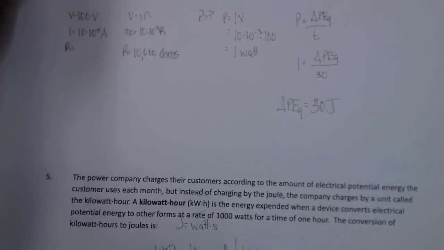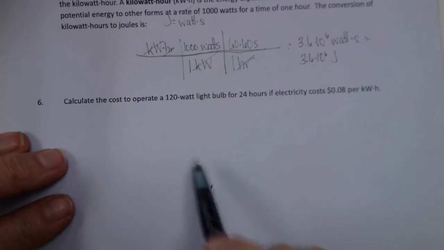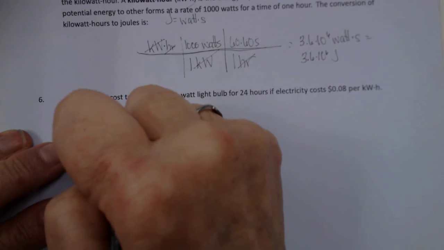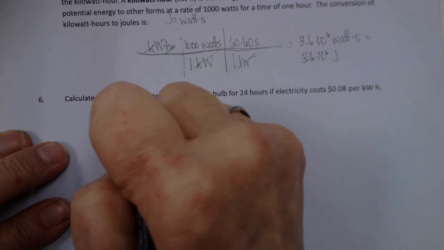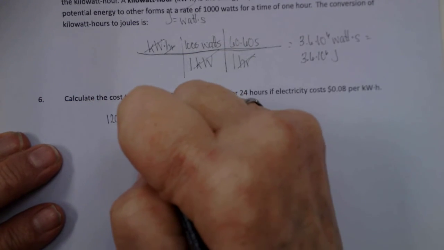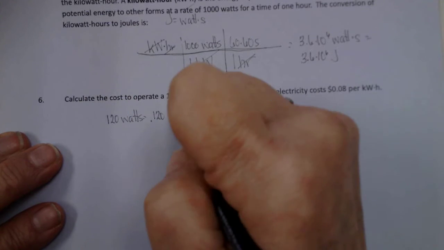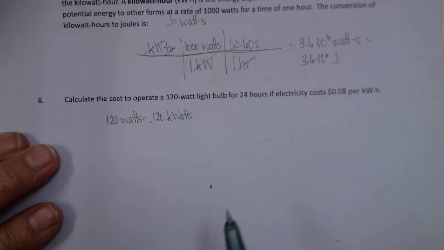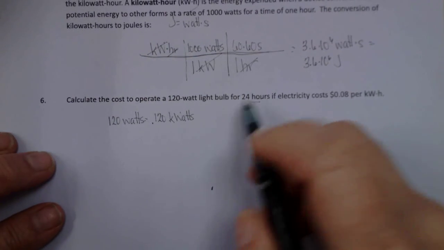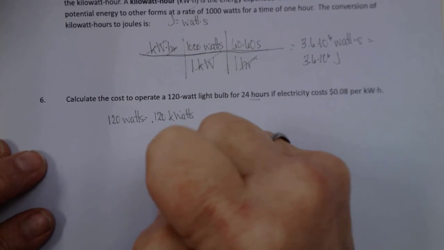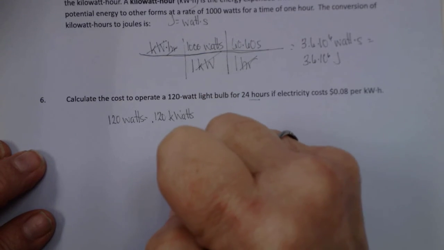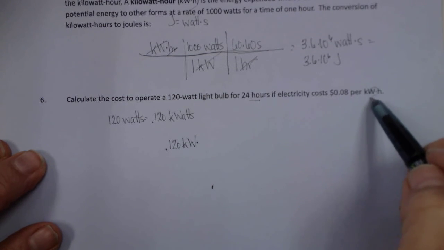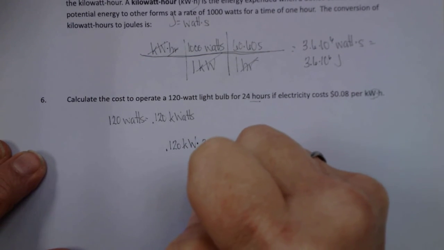So let me take care of that quickly. 120 watts is equal to 0.12 kilowatts. And I already have it in 24 hours. So in kilowatt hours, it's 0.12 kilowatts times, because that's what actually is built into the kilowatt hour, times 24 hours.